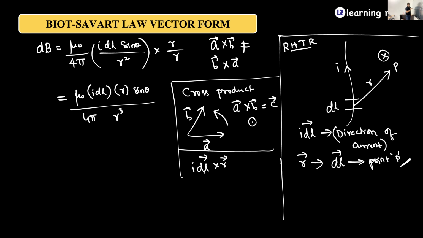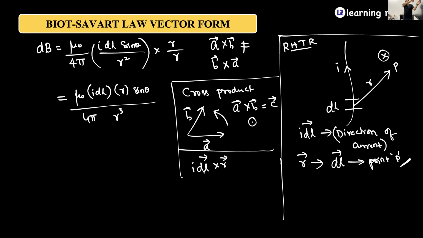listen to this carefully again. Idl vector cross r vector. What are we supposed to do in the case of cross product? Fix the direction of second vector. From the first vector, turn towards the second vector in the shortest direction possible. So idl is upwards, r vector is fixed here. So since r vector is like this, from idl, which direction should I turn?